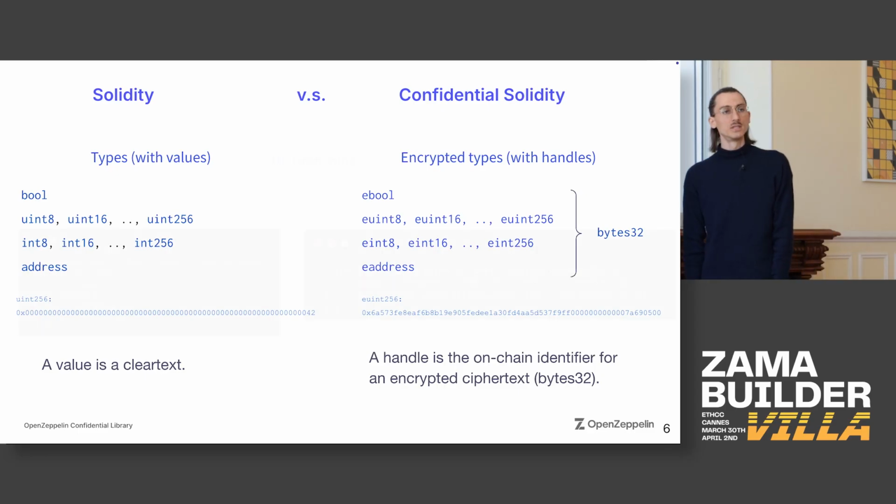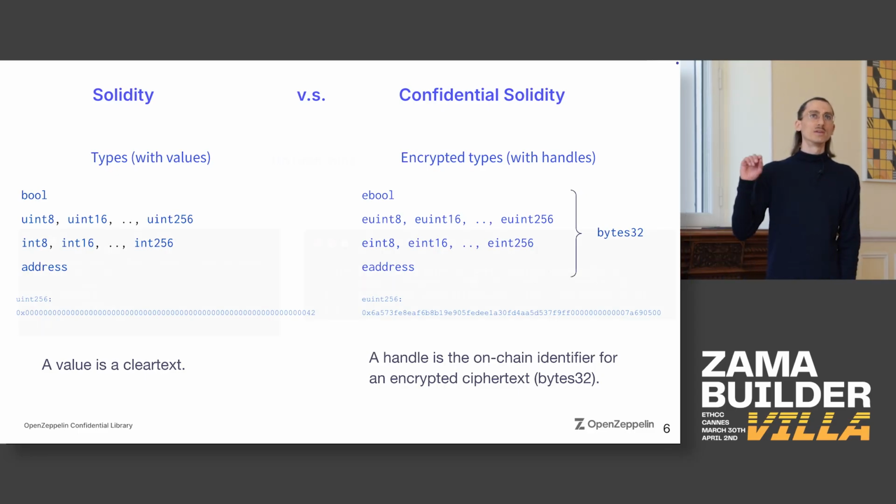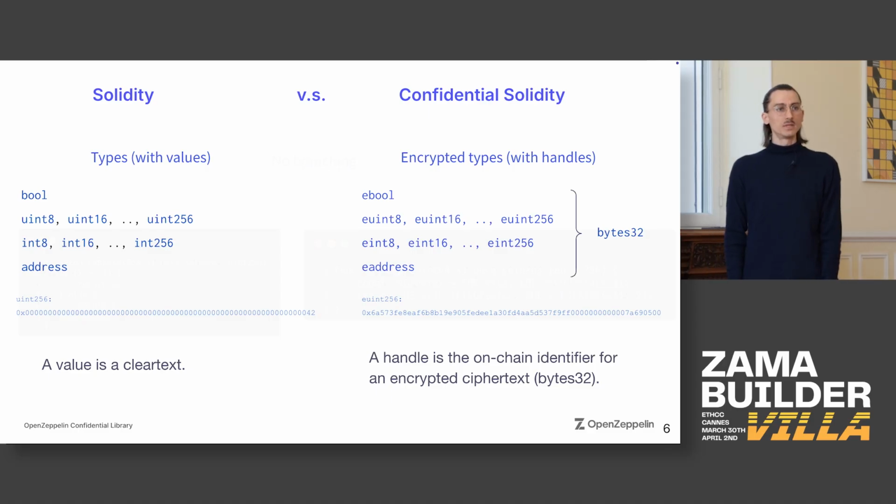In confidential Solidity, it's a bit different. We have encrypted values, such as ebool, euint, and eaddress, and each value is a ciphertext handle. In fact, it is more like an identifier to some encrypted data, which is located off-chain, for example.